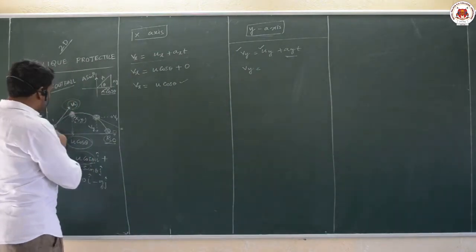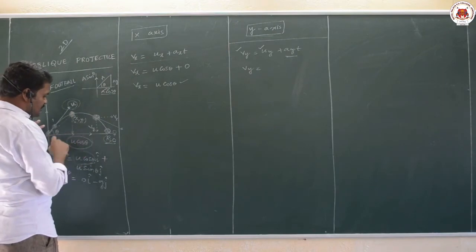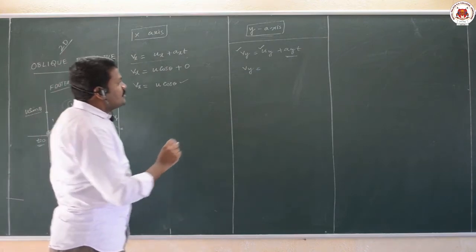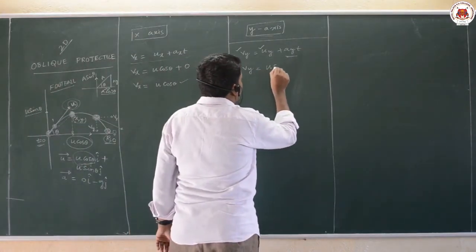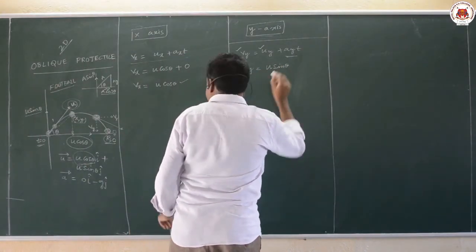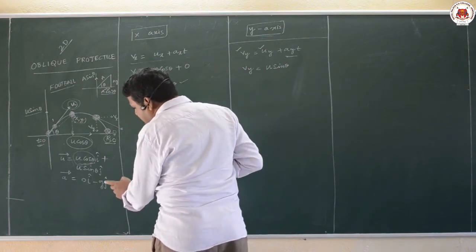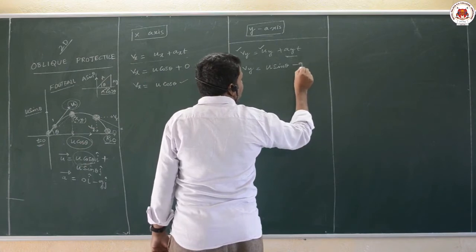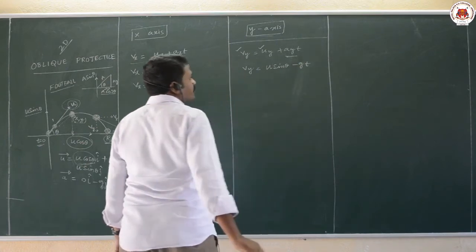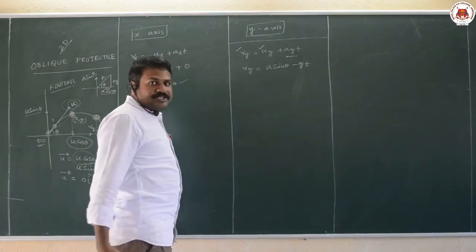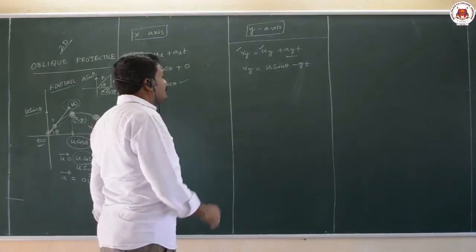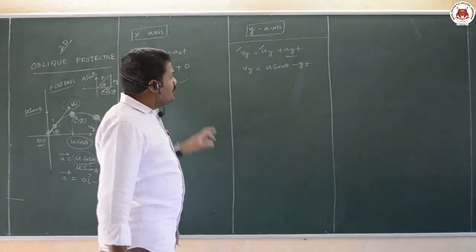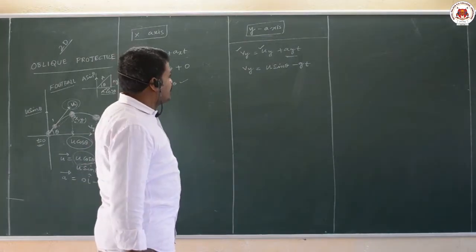I have given a velocity u, this is acting as u cos theta in this direction, this is u sin theta in this direction, so this is nothing but u sin theta. And if you see the acceleration here, the acceleration acting is minus g, so therefore you can write Vy is u sin theta minus gt. And the vertical motion I have taken as j cap here. You can take k also, for easy understanding I took it as j.